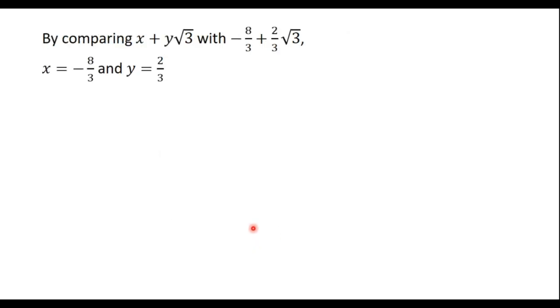So what you can do from here is that you compare what the question gave you to your answer. So we are comparing, and when you compare, you can see that x is giving us minus 8/3. x represents the first number, which is minus 8/3. And y represents the number in front of root 3. The number in front of root 3 is 2/3. So y will give us 2/3.